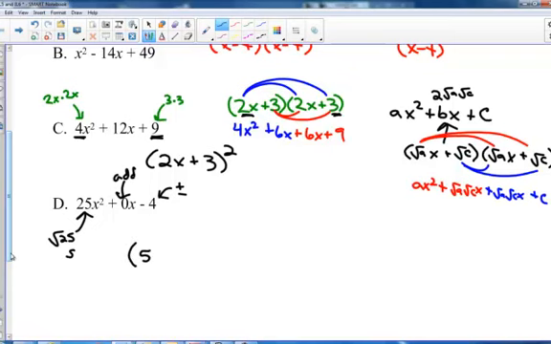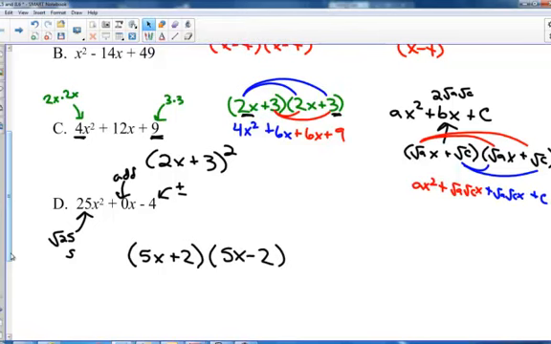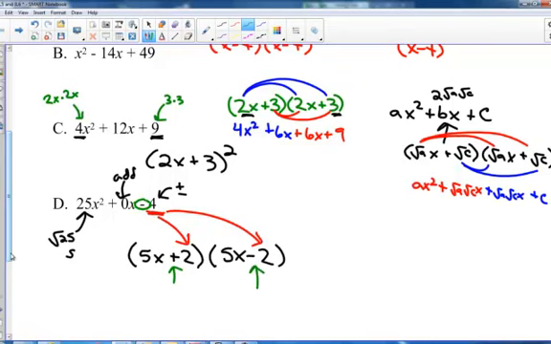So 5x plus 2, 5x minus 2. This square root is going there. This minus means you have 1 plus and 1 negative. And this square root is going there. This is called the difference of squares.